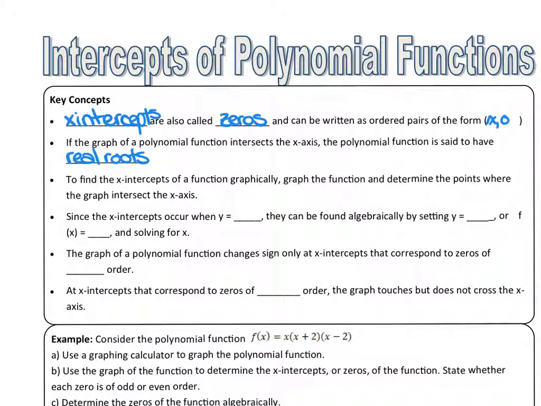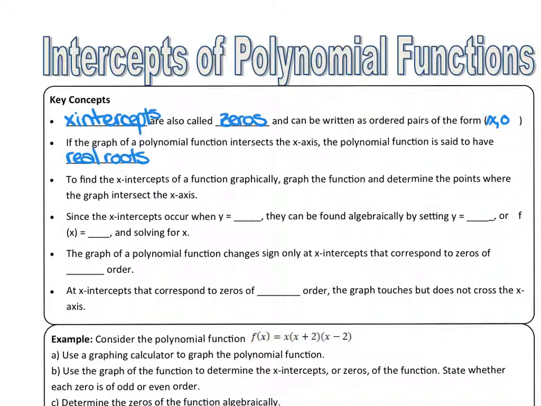If it intersects or touches the x-axis in any way, then the polynomial function has real roots. To find the x-intercepts of a function graphically, all you need to do is graph the function and determine the points where the graph intersects the x-axis. So you just look on that x-axis and see all the points where it crosses or touches. We'll see that with our example.